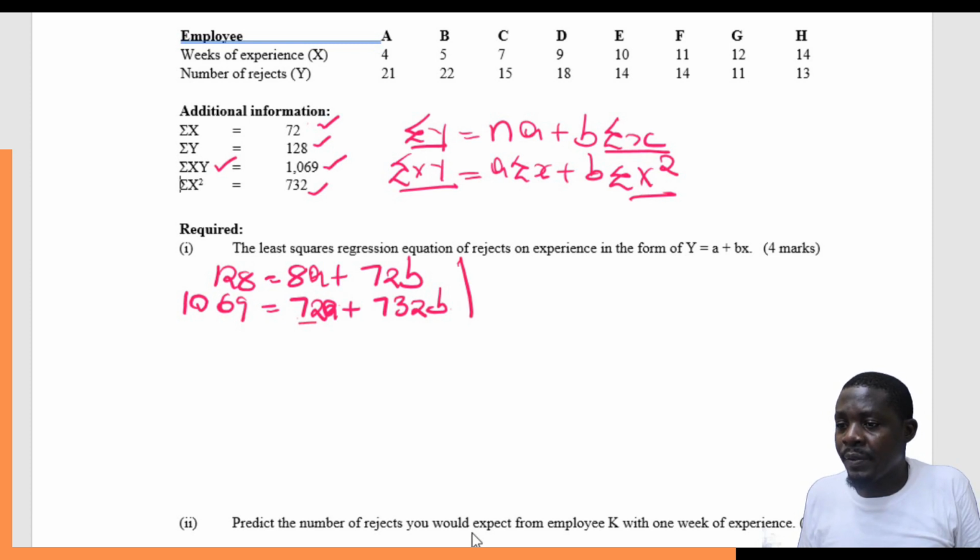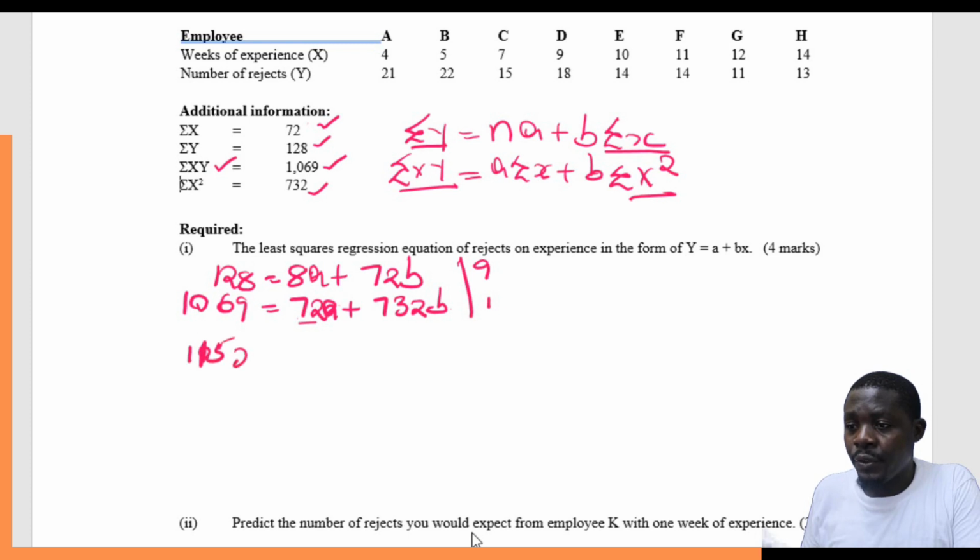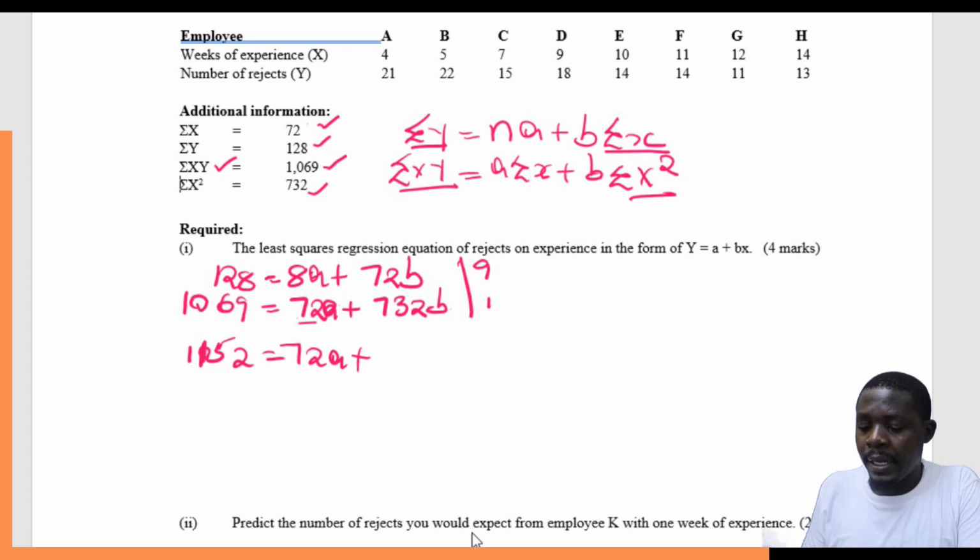Therefore I multiply the first equation by 9 and the second by 1. 128 multiplied by 9 is 1152, equal to 72a plus 648b.